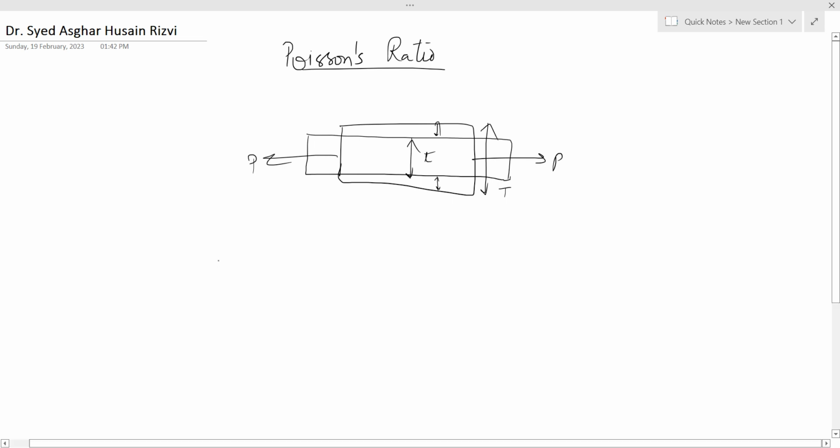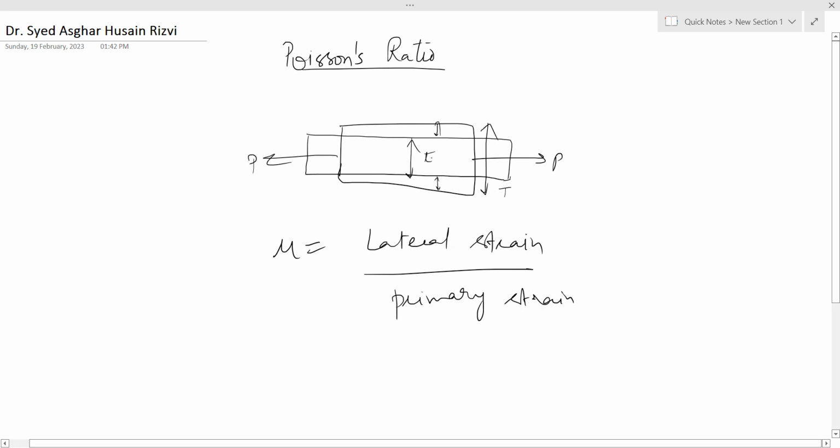So Poisson's ratio is basically the ratio of lateral strain upon linear or primary strain. It is denoted by mu. It is the ratio of the lateral strain that is acting on the lateral plane or the cross section to the primary strain, in the direction where the force is acting, and it is denoted by the Greek letter mu.